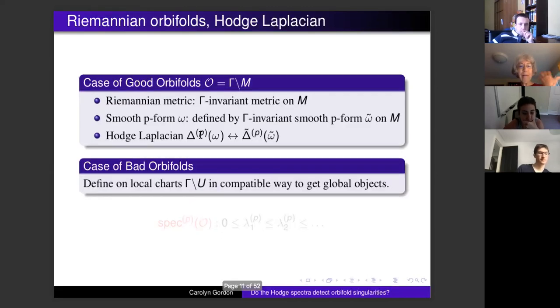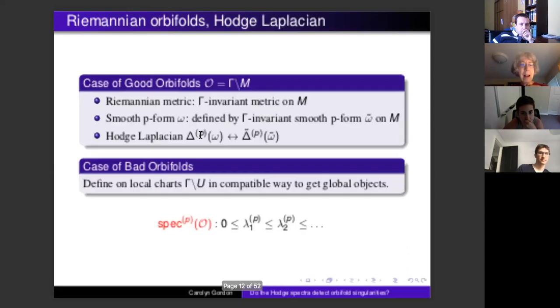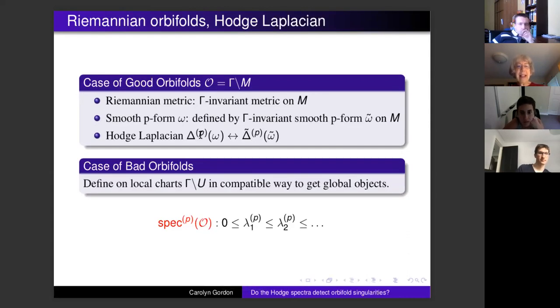And for bad orbifolds, one works locally, things piece together compatibly, and everything works. And in any case, the spectrum of the orbifold for the Hodge-Laplacian behaves like that of a manifold. It's discrete, and each eigenvalue has finite multiplicity, going off to infinity.